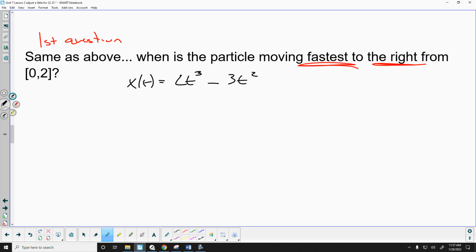Remember that one? And we already took the derivative of this. We found the velocity. We got 6t squared minus 6t. We already did a sign analysis of my velocity. We found that it was negative and then positive. 0 and 1 were my important points.